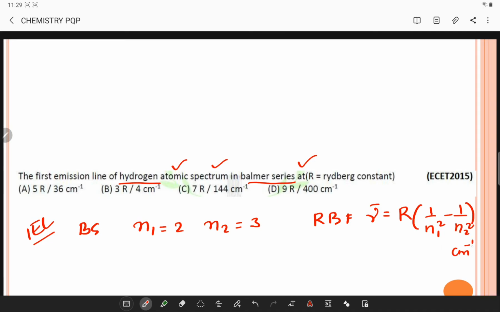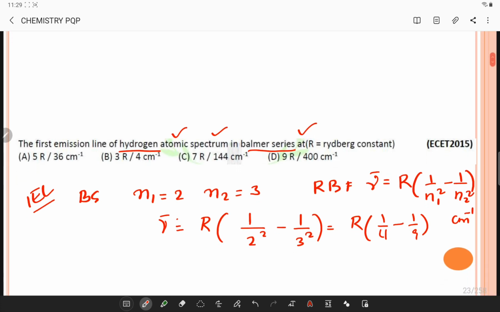The unit is centimeter inverse. So it will be R into 1 by N1 is 2 square minus N2 is 3 square. So it will become R into 1 by 4 minus 1 by 9. If I take LCM, first emission line will be 5R by 36. So this is your answer.